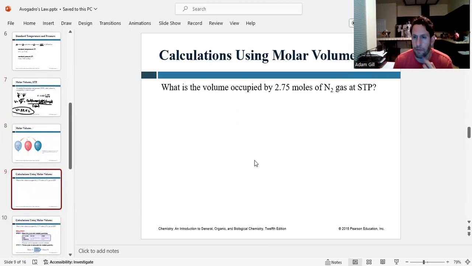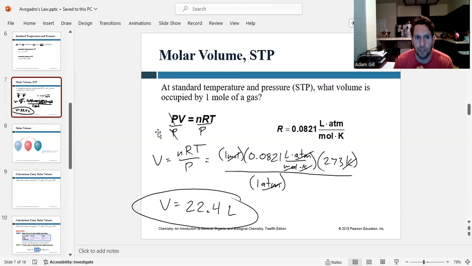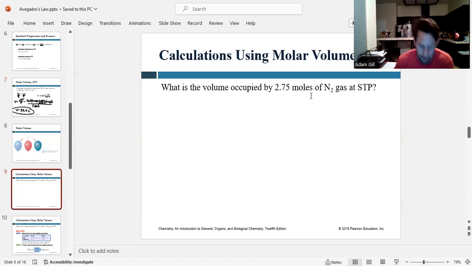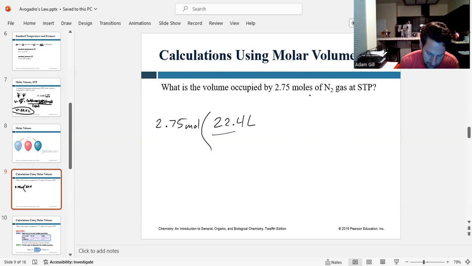Let's do a practice problem. What volume is occupied by 2.75 moles of nitrogen gas at STP? Well, we just figured out that there's 22.4 liters per mole of a gas. So 2.75 moles times 22.4 liters for every 1 mole of gas.